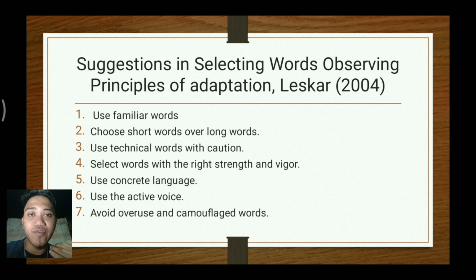Use the active voice, which means the subject is the doer of the action. And avoid overuse and camouflage words. Clichés are very redundant, and it is, in Tagalog, gasgas.